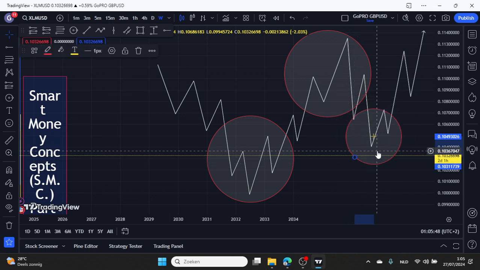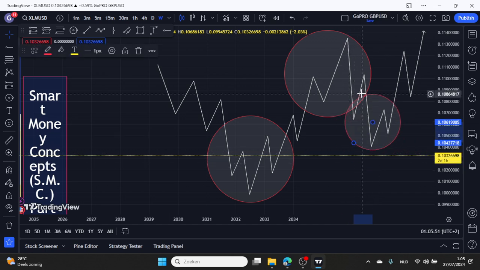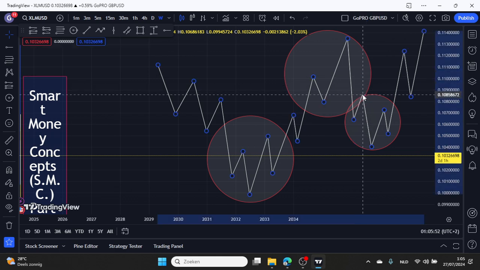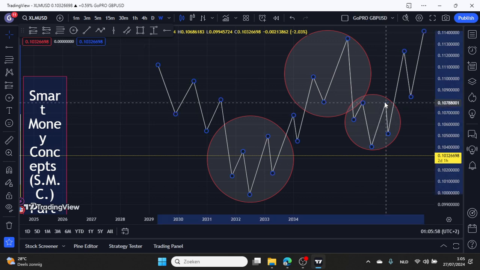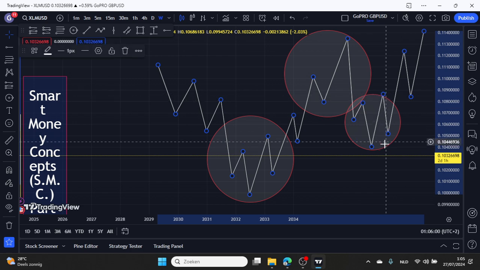So you see, this is always coming back. Probably this will be like this, and you'll have a market structure shift there in the best case. So you know what you're looking for. This is the basic of smart money concepts, what we are looking for.